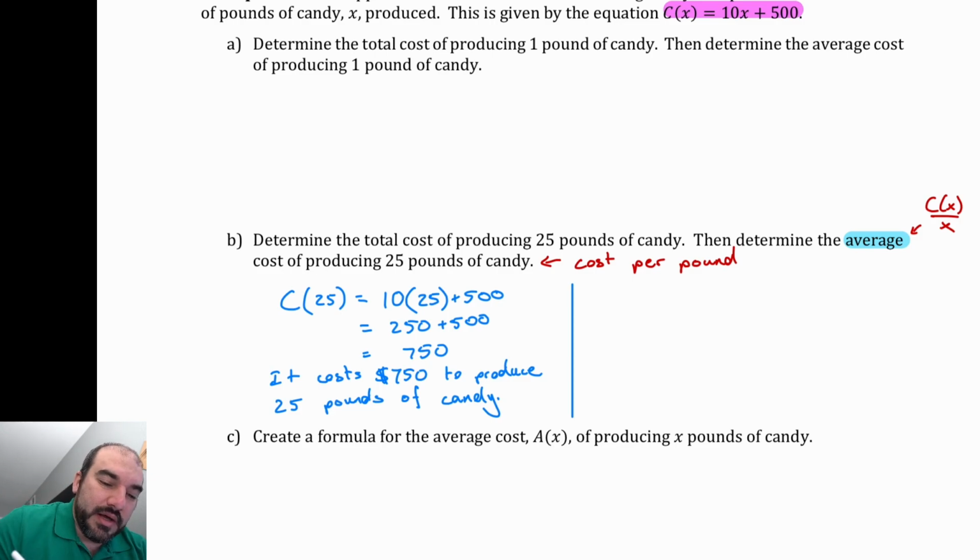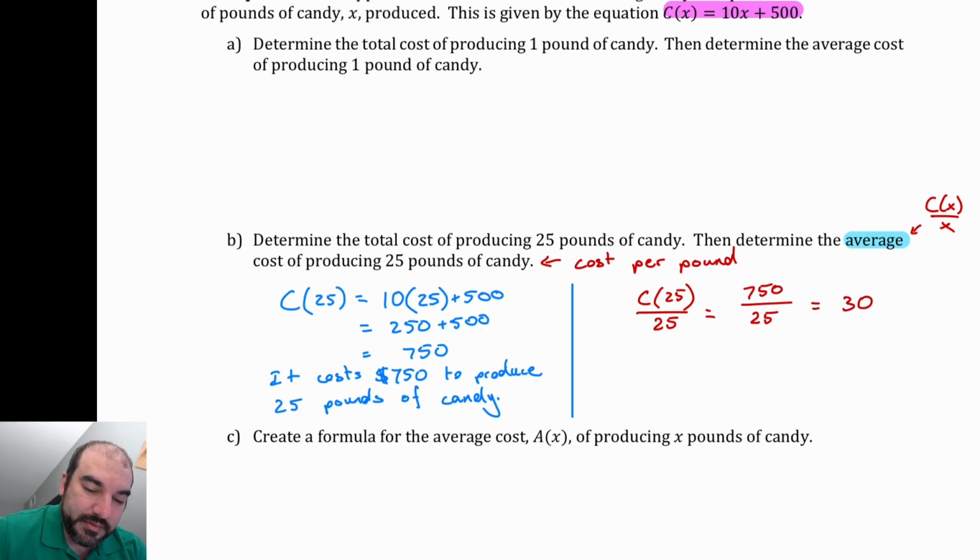So in order to answer the second part of this question, we want to do C of 25 divided by 25 to get a per pound amount. We already calculated C of 25. That was 750. Divided by 25 gives us 30.